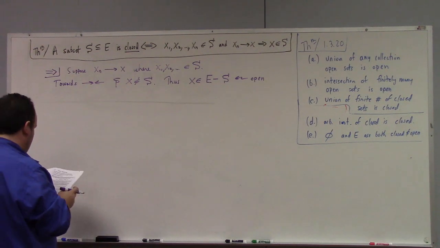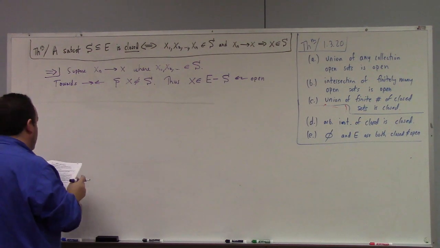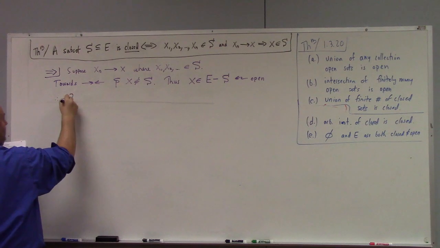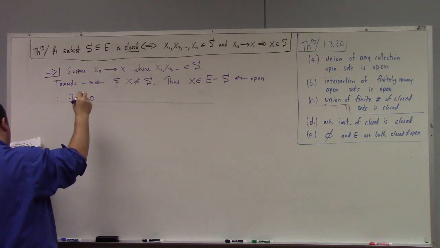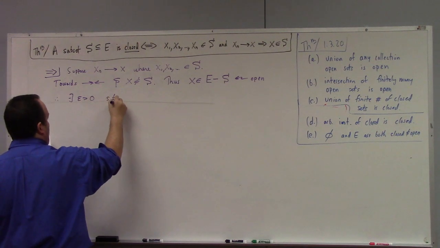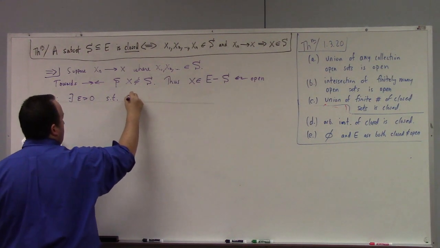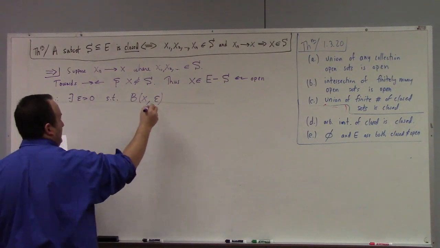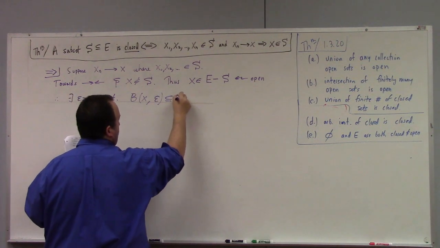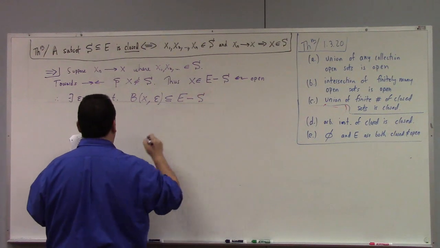Which means what? So therefore, there exists epsilon greater than 0 such that the ball of radius epsilon centered at x is a subset of the exterior of S.